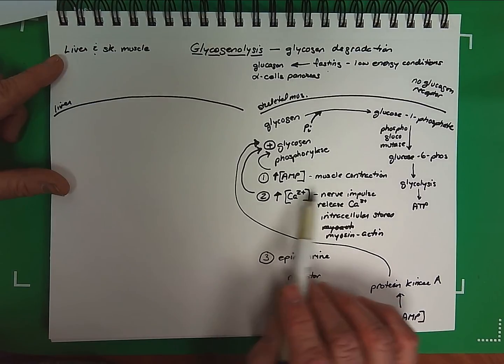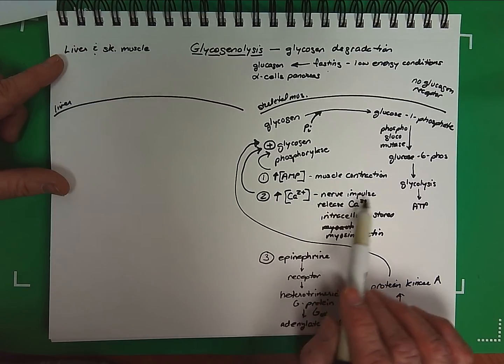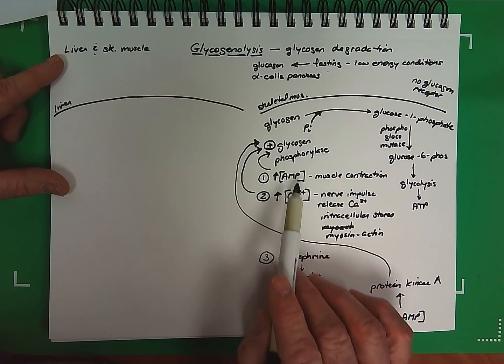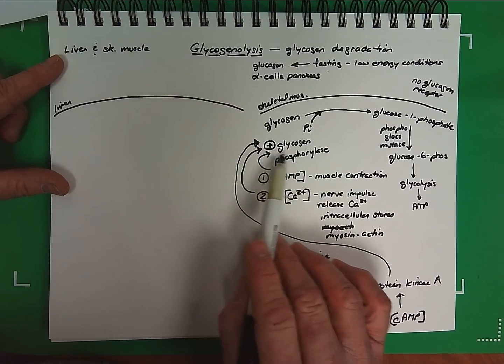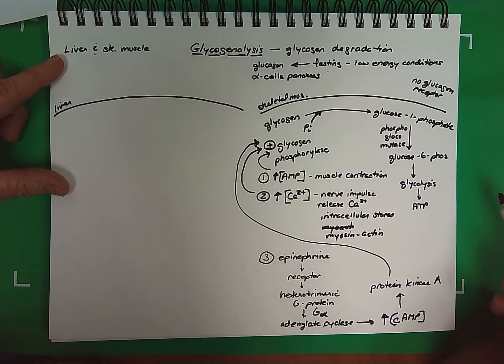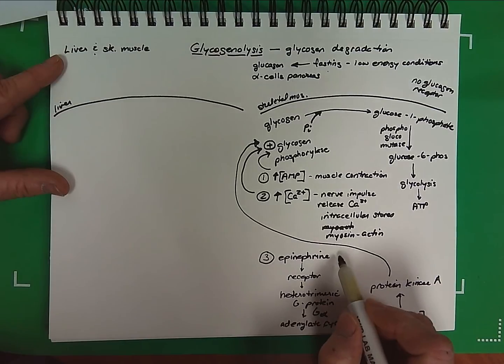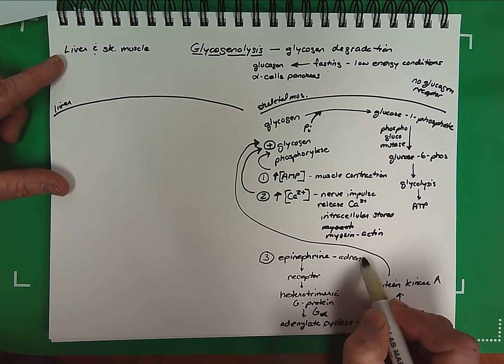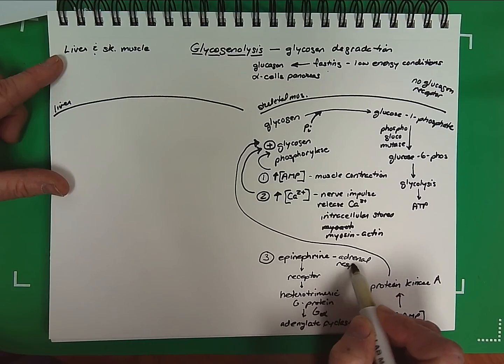If we have a little bit more activity that requires more nerve impulses to release more calcium, this will be an additive signal on top of the AMP to turn up the glycogen phosphorylase a little bit more. Now, epinephrine is an adrenal response hormone.